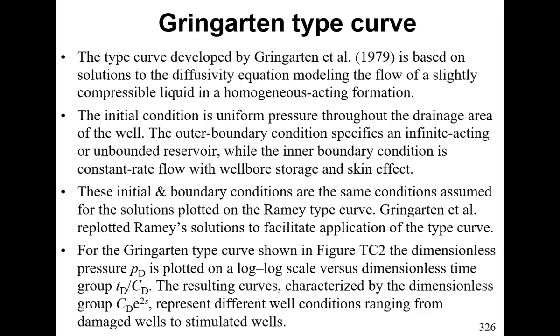The outer boundary condition specifies an infinite acting or unbounded reservoir, while the inner boundary condition is constant rate with wellbore storage and skin effect. So this just takes your mind back to the diffusivity equation, which we talked about earlier.